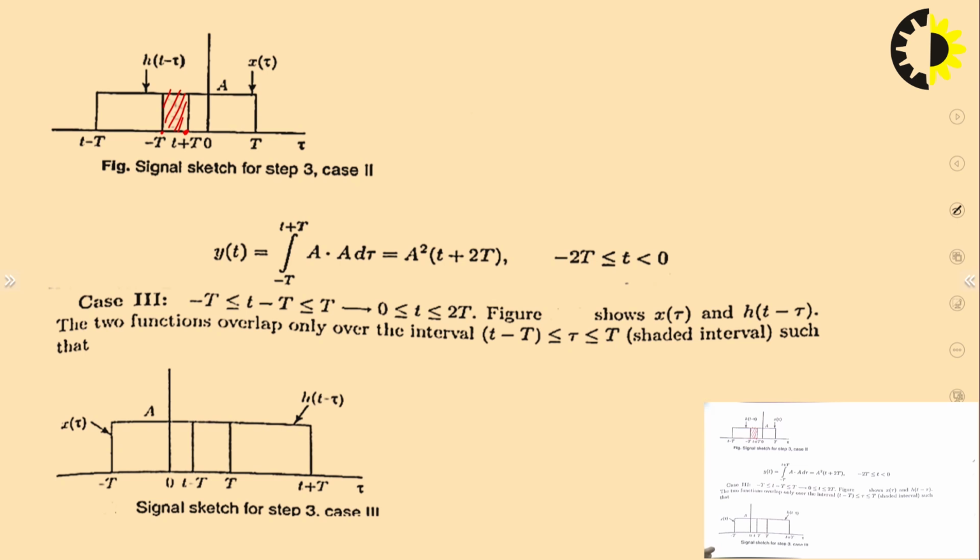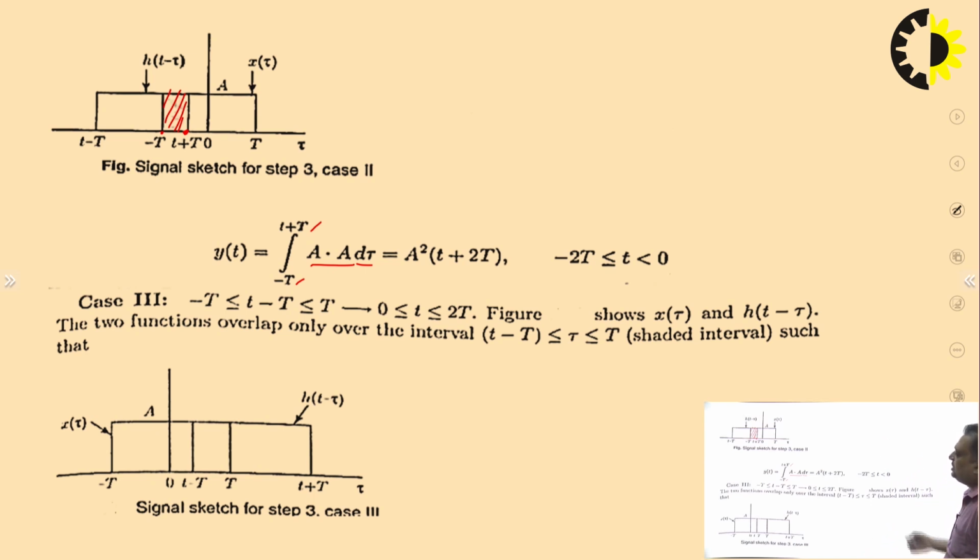To find the area, which is the convolution for this limit, we perform the integration from minus T to t plus T. The magnitude of this signal is A and of this signal is A, so it will become A square d tau.